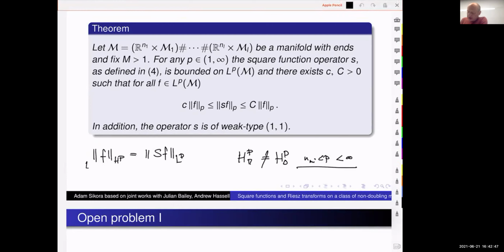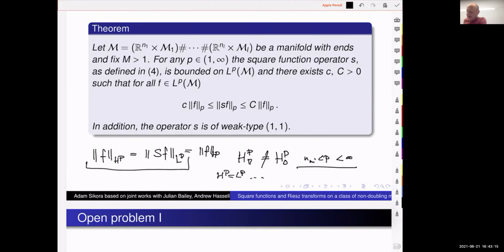Which comes from this definition, right? As you can see, because of this theorem, if we are in this range, there's not much of an interest, because then this norm will be equal to the norm of f in L^p, right? And your Hardy space, H^p, is equal to L^p in this range.